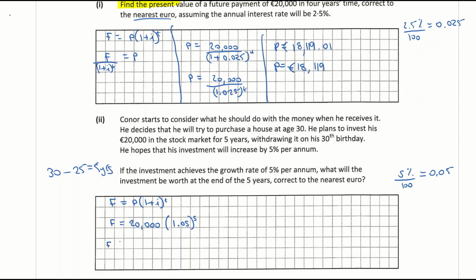Typing that in my calculator, I'm getting €25,525.63. Once again, the question said to the nearest euro, so to the nearest euro the future value is €25,526. So his €20,000 on his 25th birthday will be worth €25,526 on his 30th birthday.